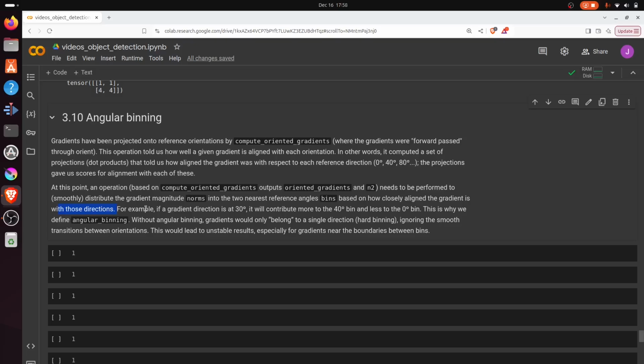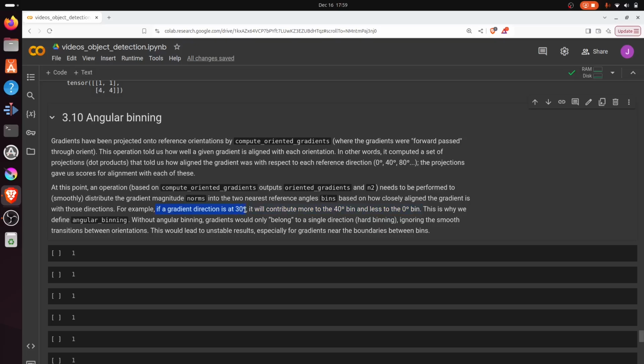As an example, imagine we have a gradient of 30 degrees. Applying this angular binning method, we're going to be able to identify whether it contributes more to the 40 degree bin or to the 0 degree bin, and based on this information we're going to be able to determine what angle we are talking about.